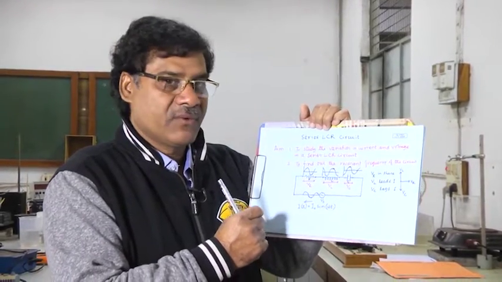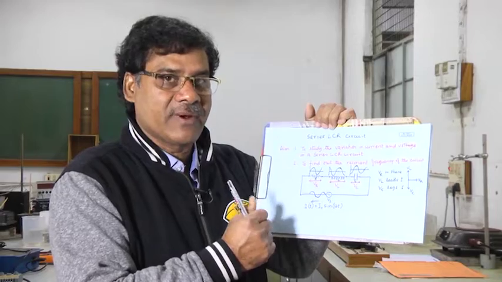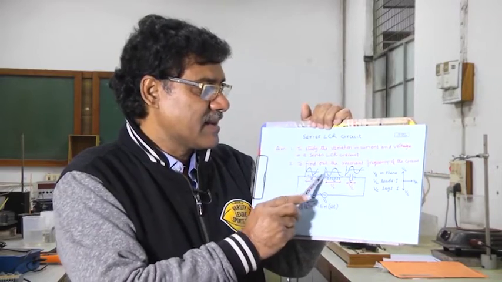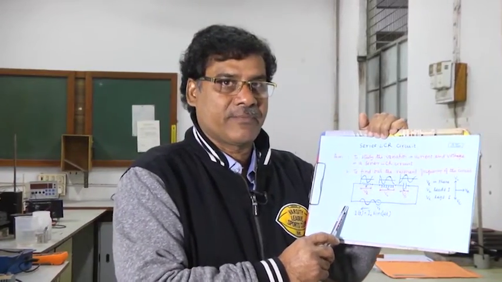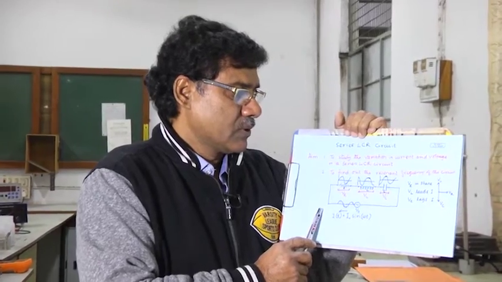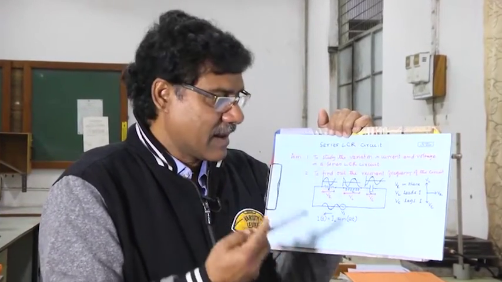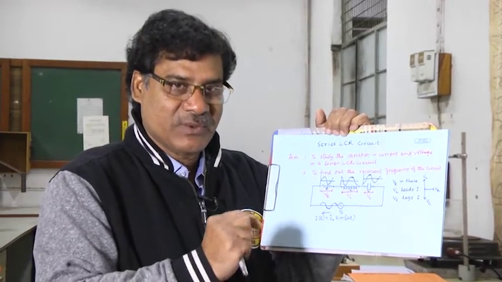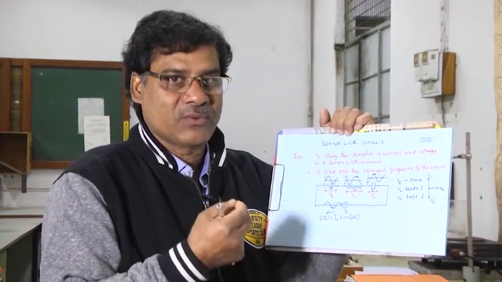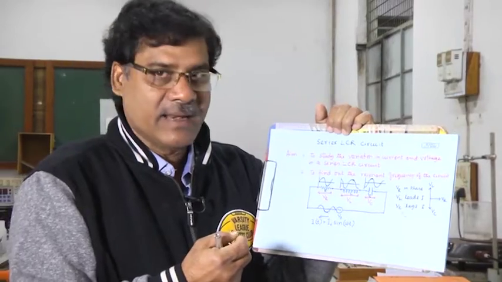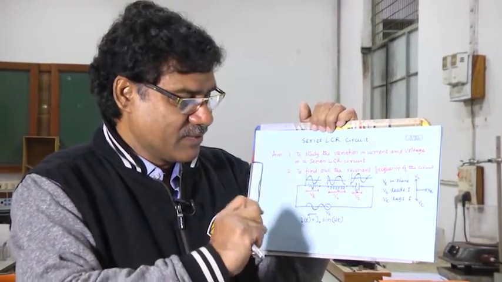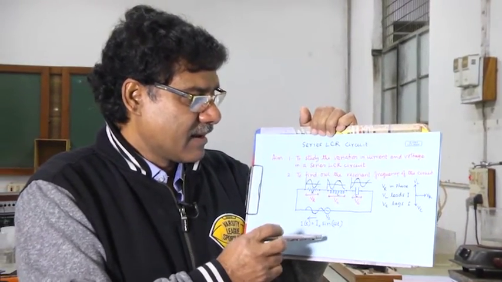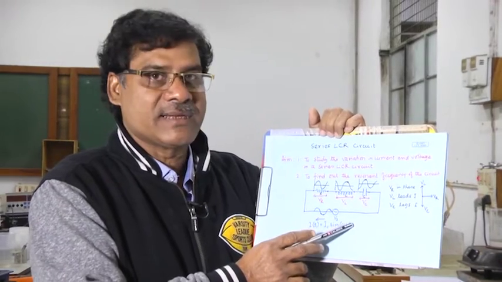Basically, if you vary the frequency, you can maximize the current in this circuit. That is why in earlier days in radio, to increase the volume or to find the channel, whatever we varied, we basically varied the frequency.